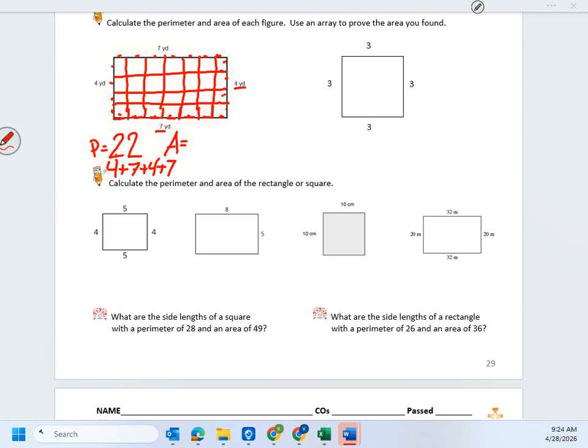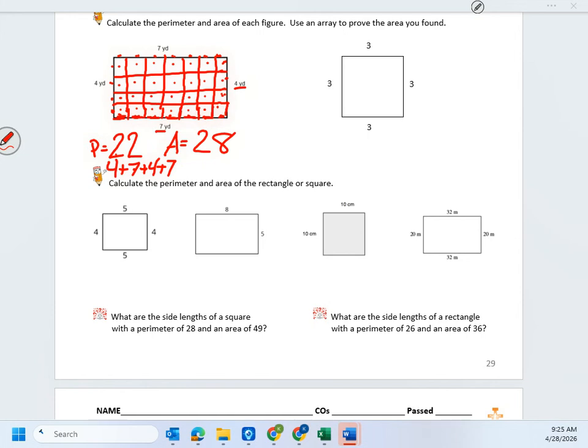So we don't have to do the array to find the perimeter. We can just count all on the outside, but we need to know what that means. So that array is counting each of these spots going around. And then for the area, we can count every square on the inside. 1, 2, 3, up to 28.